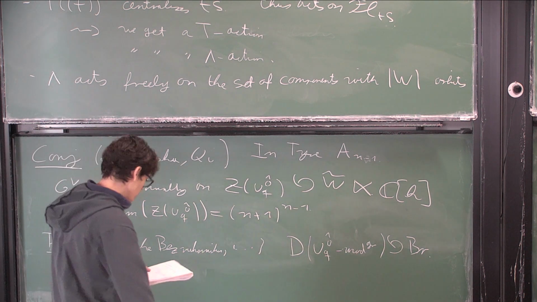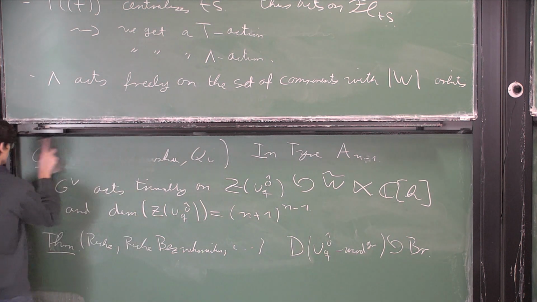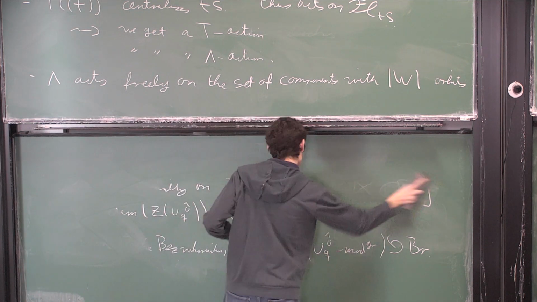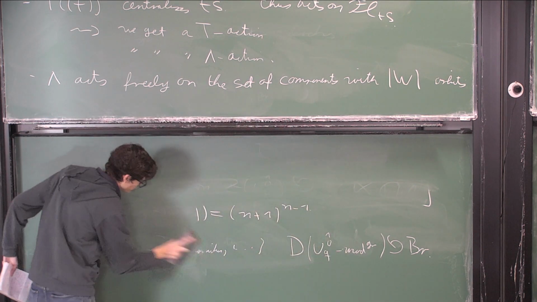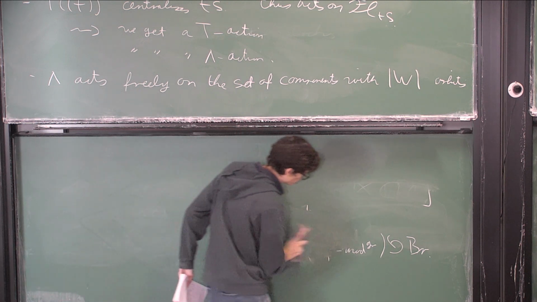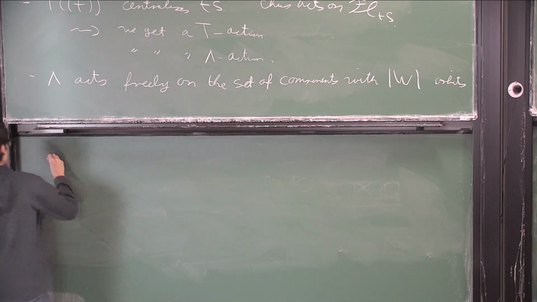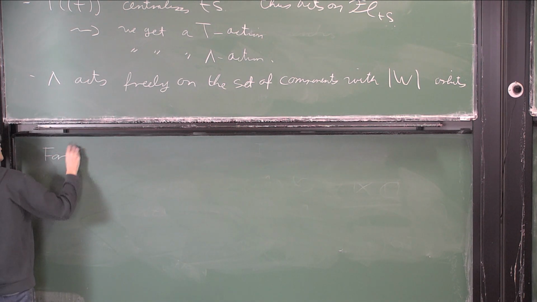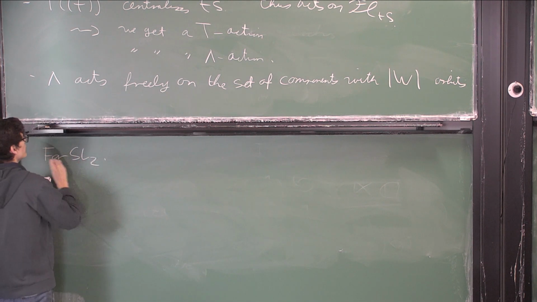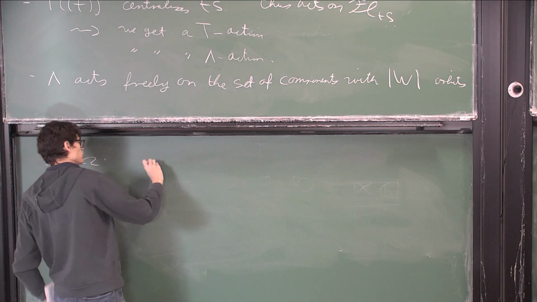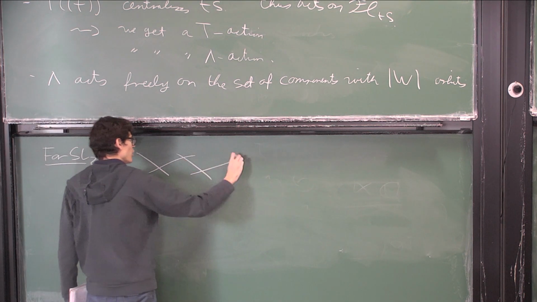So just to see what it looks like in some concrete case, let's look at it for SL2. For SL2, it's really easy. It's of dimension 1, because of the first line over there. And what does it look like? For SL2, it's just an infinite chain of P1s.